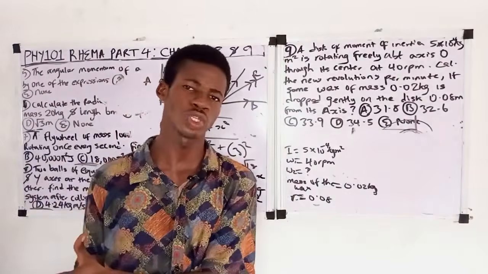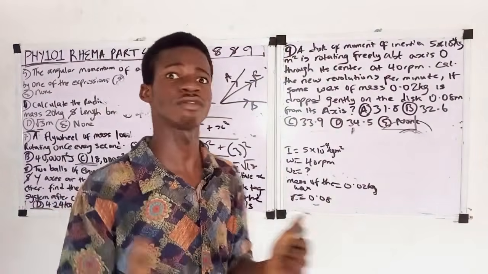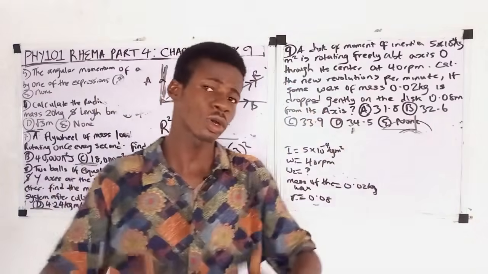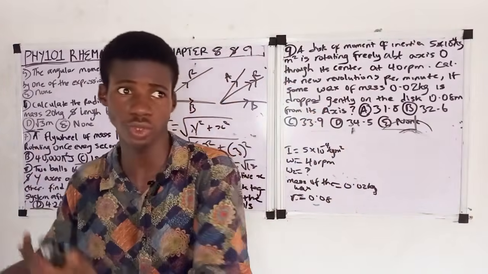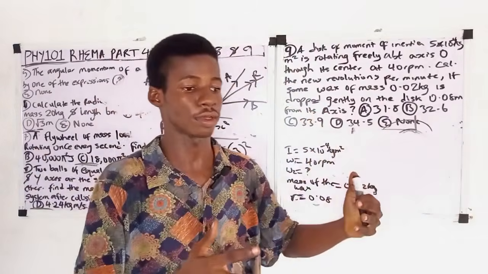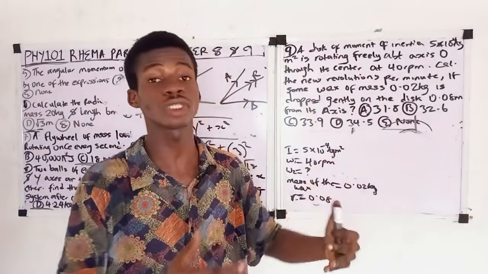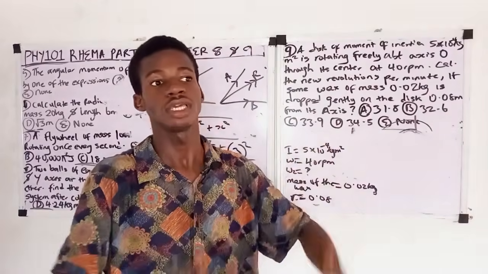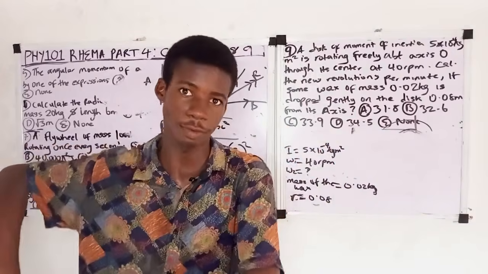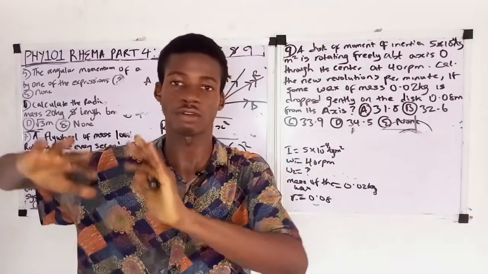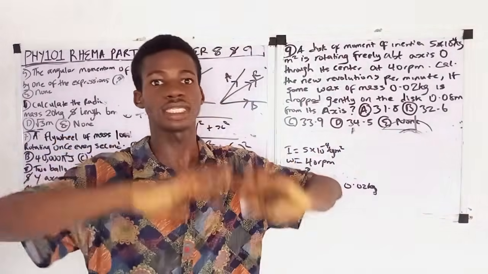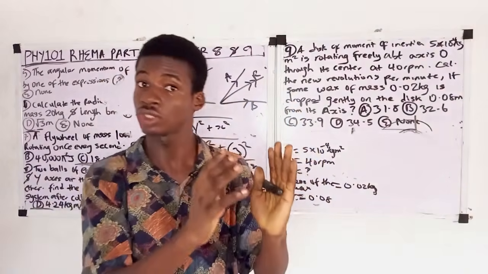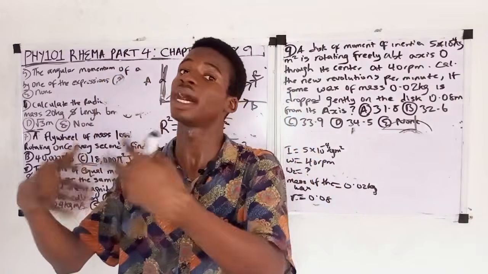Now, if we move to linear momentum, we all know about conservation of linear momentum. It states that the total momentum before collision equals the total momentum after collision.